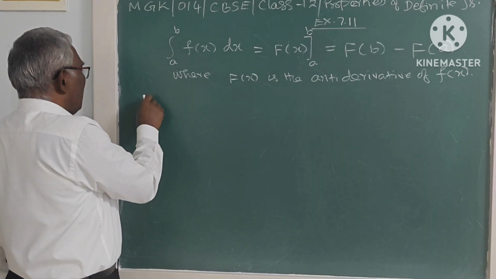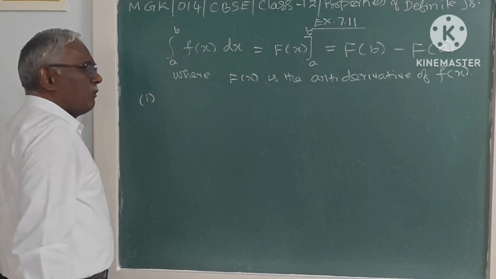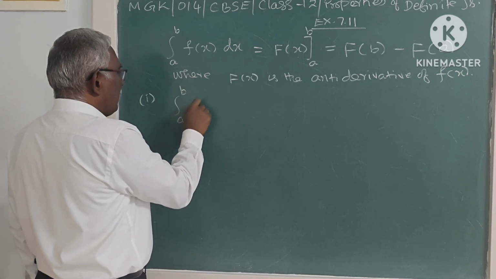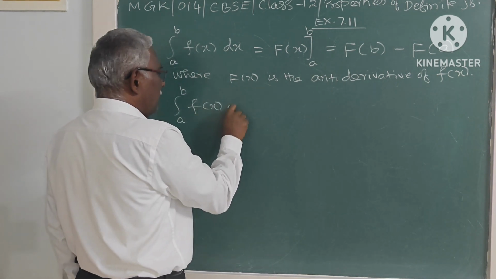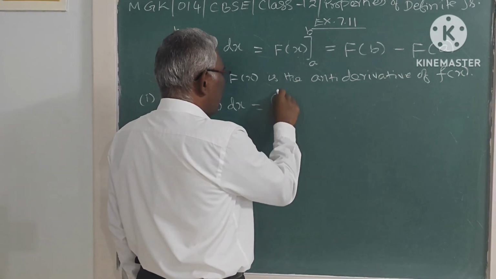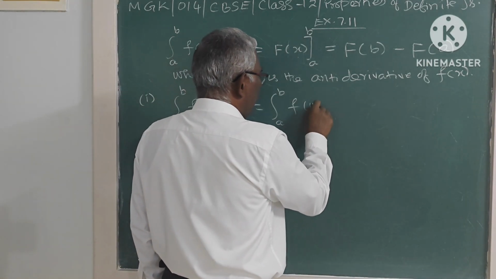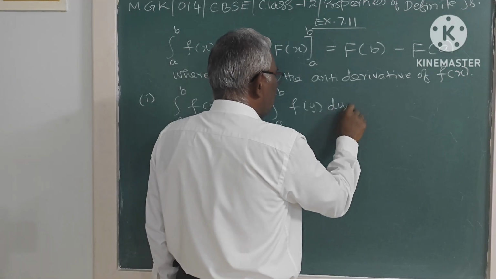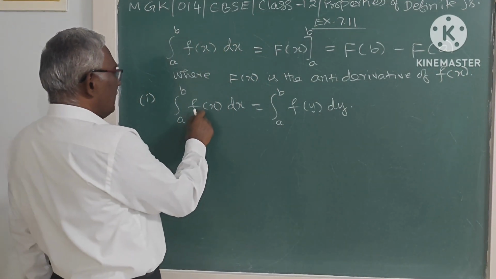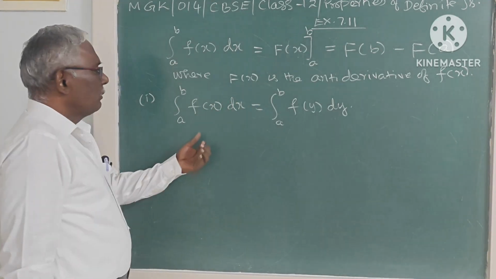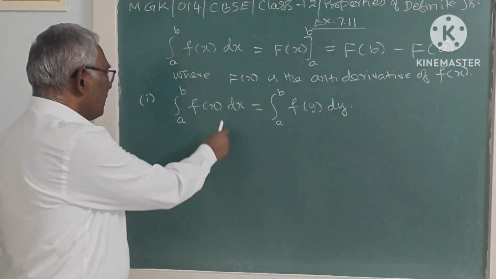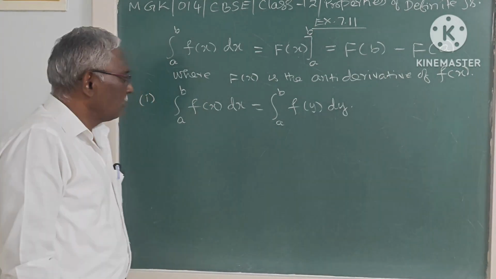Now the first property of definite integral is integral a to b f of x dx equals integral a to b f of y dy. So again, let capital F of x be the antiderivative of small f of x when we integrate with respect to x.